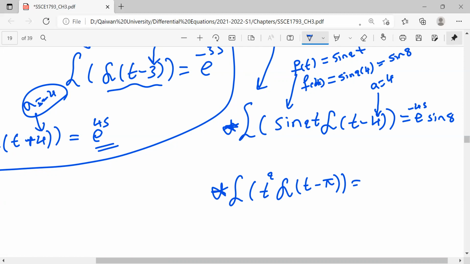A here is pi, so it is e to the power minus pi s times f of a, where f of t is t squared. We just replace t by pi, which is a. It's pi squared. This is the Laplace transform for this function.